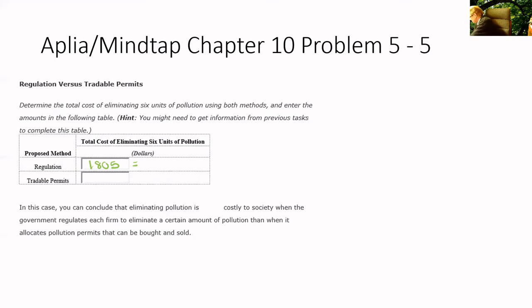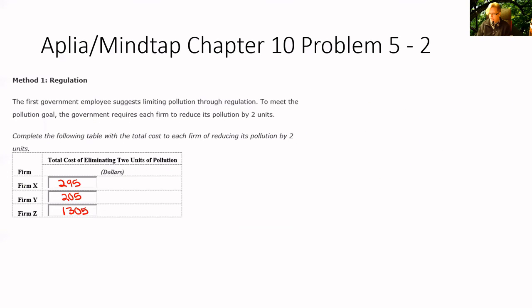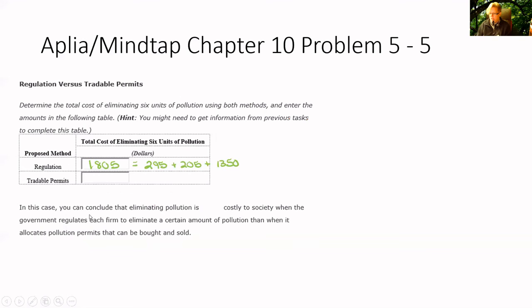I got to come back to my originals here. The 1805 came from the 295 plus the 205 plus the 1350. Okay, where did I get those numbers? Again, kind of going back in the problem, I just simply added up under the regulation method 1. I just summed these, and that's what I ended up with for this last one, 1805.